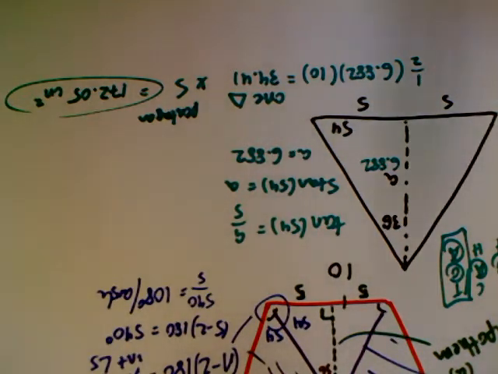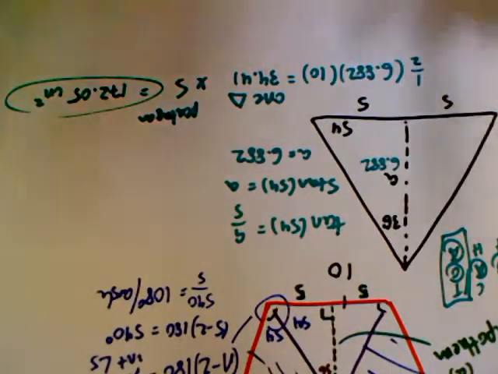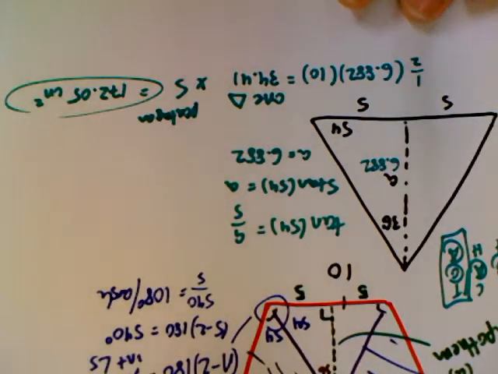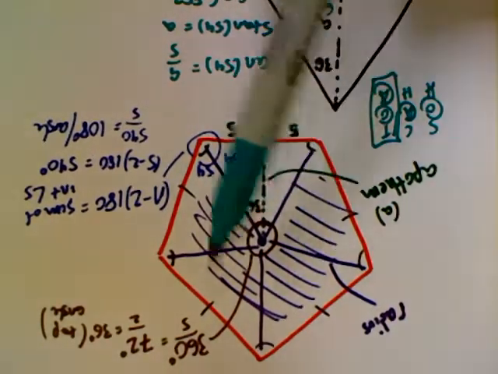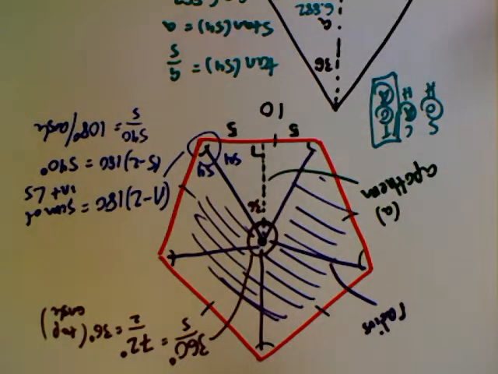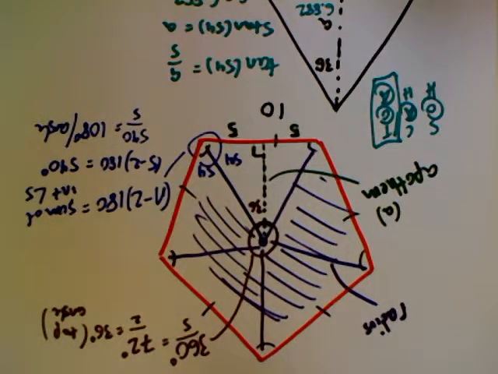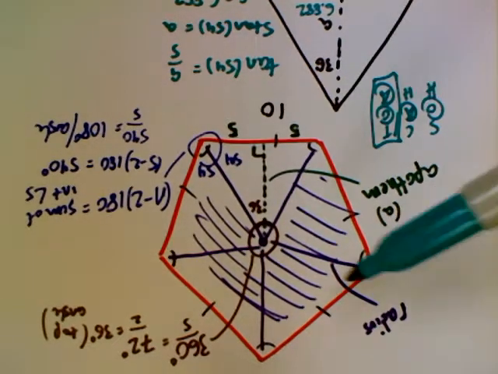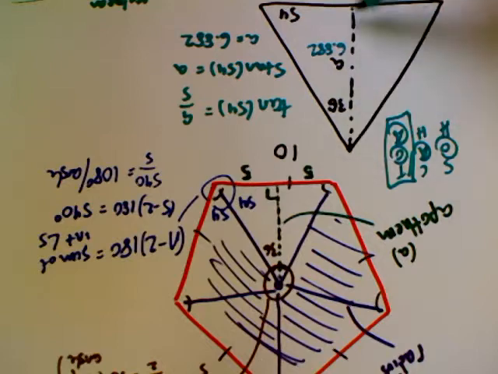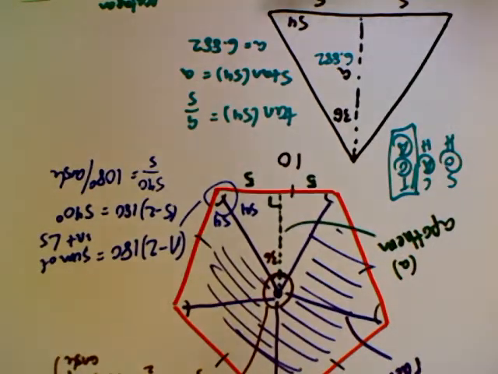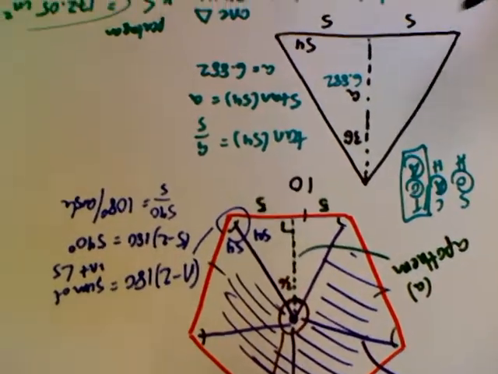Now, in general, there is a formula for the area of a polygon here. You'll notice that no matter what we do, no matter how big this was, you could still split it into triangles. And the number of triangles is just based off of the number of sides. So in general, you've got 1/2 times the apothem times the base times the number of sides.